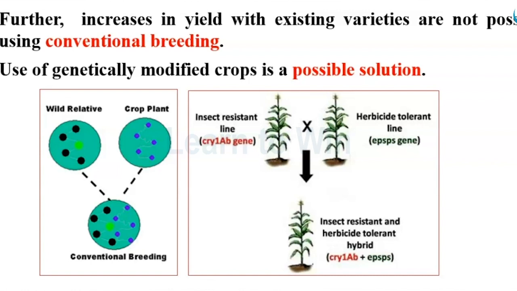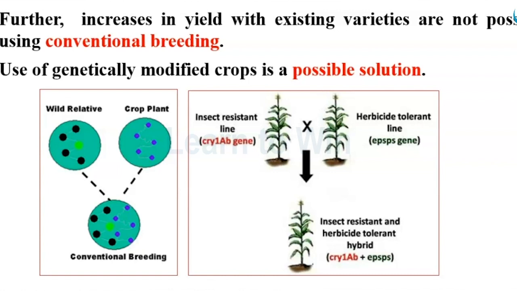So we take a conventional variety and genetically modify it in such a way that you remove the problems existing in the superior variety. Let us say I have a very superior variety of wheat, it is high yielding, it produces a lot of grains, but it has one problem, it is highly susceptible to temperature changes. If I can remove that, I can create a plant which is superior in yield and does not have that temperature change problem, by genetically modifying it.